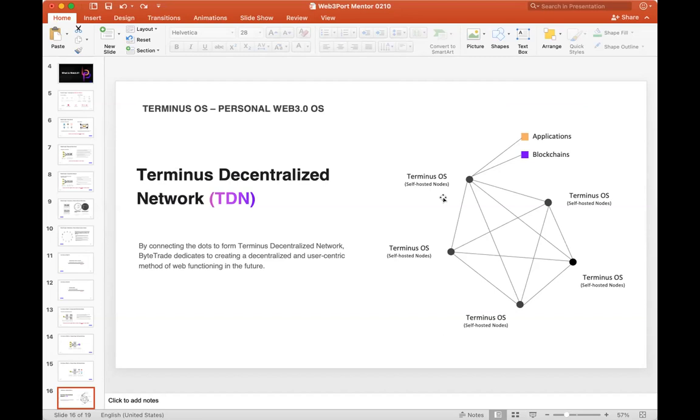And this, we can argue, is truly a decentralized, user-centric type of Web3 that returns data ownership back to the user.